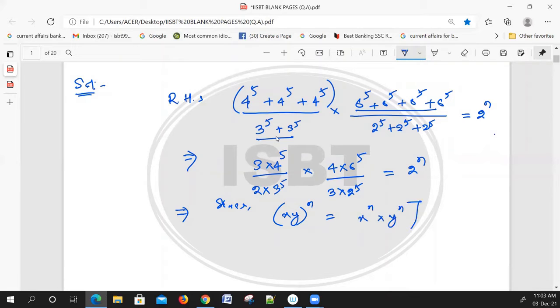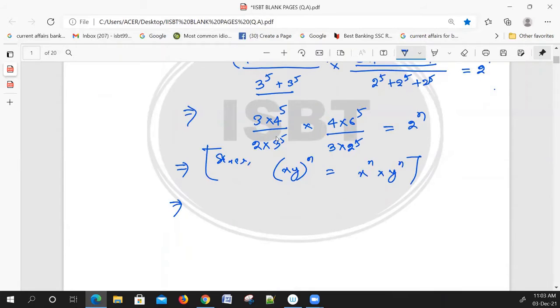So applying this formula, here we can write 6 to the power 5 is equal to 3 to the power 5 into 2 to the power 5.